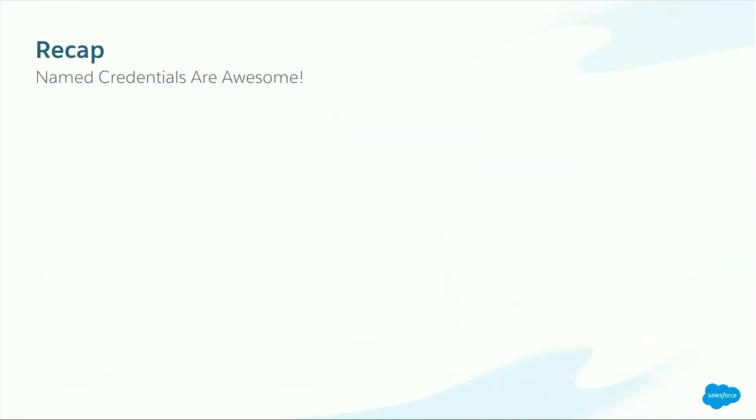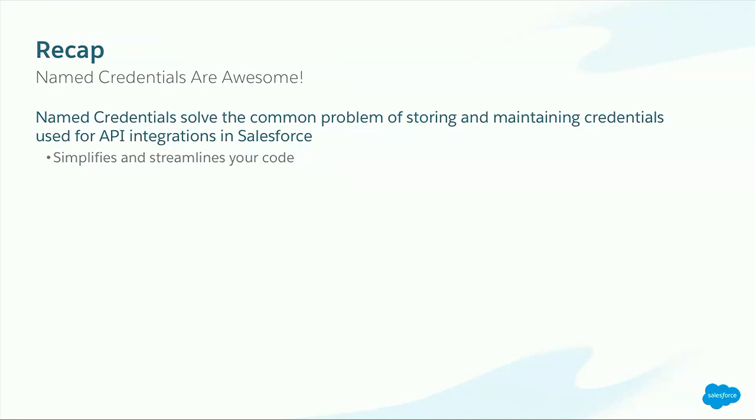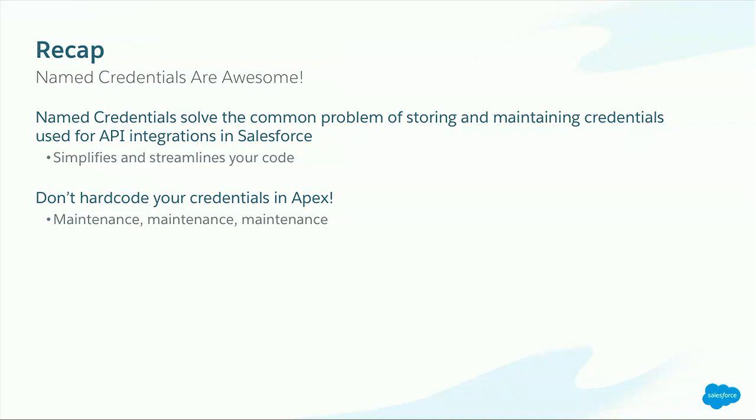So to quickly recap then, I hope today has been useful. I hope that you can walk away knowing how named credentials can solve a lot of these common problems with how we integrate with other APIs, and we can store the credentials and utilize them in a really secure and reusable way. Please, please, please, don't go out and hard code your credentials in Apex.